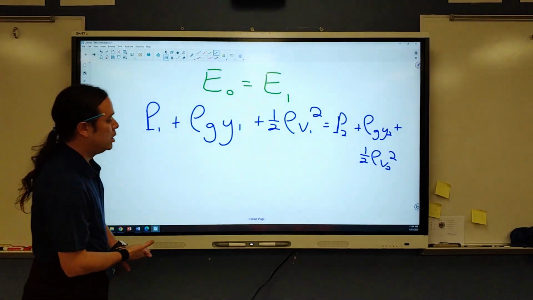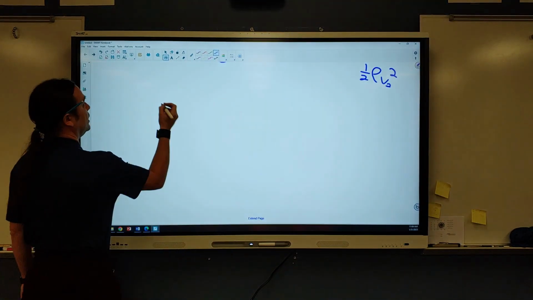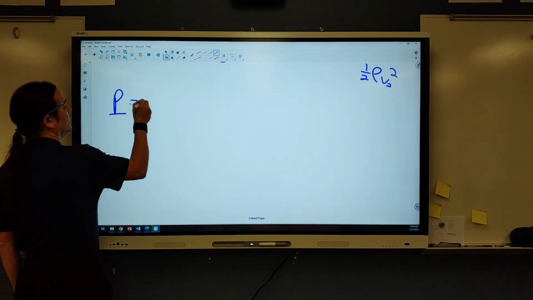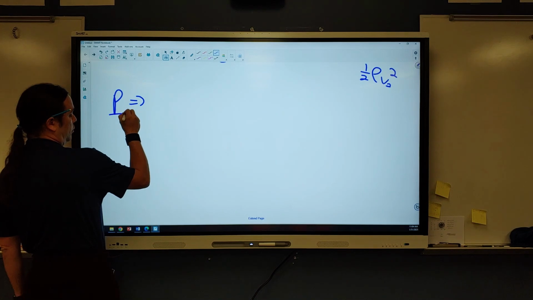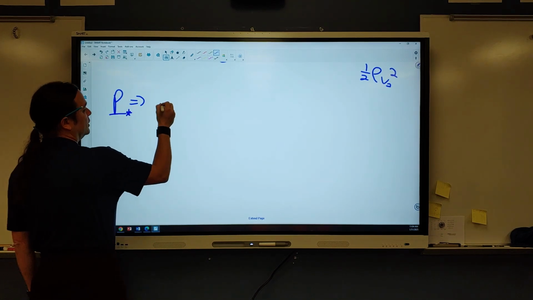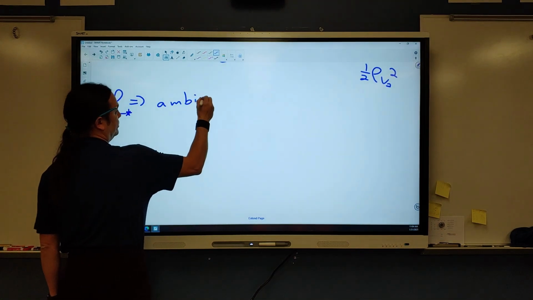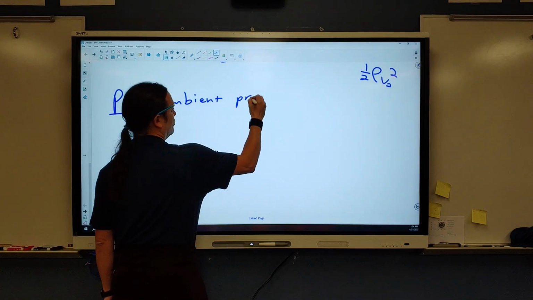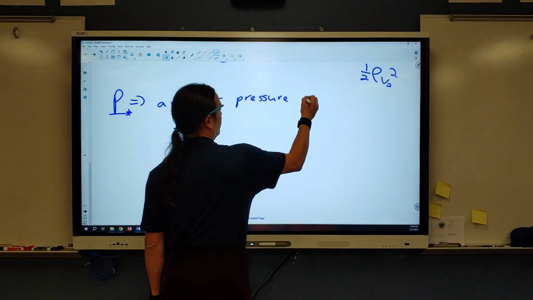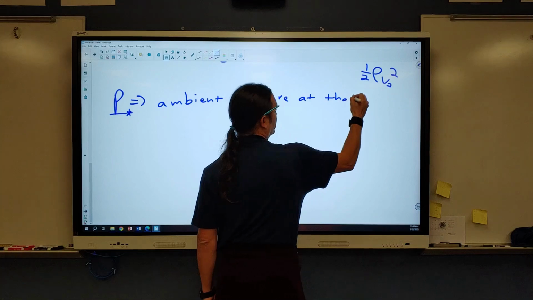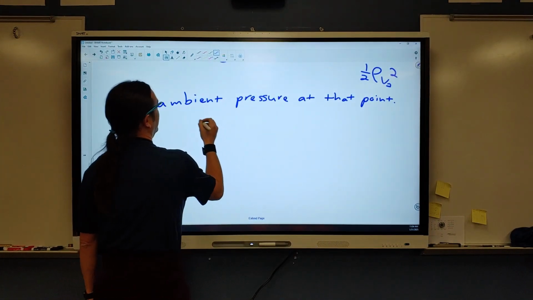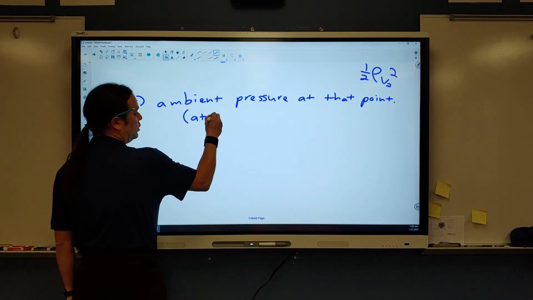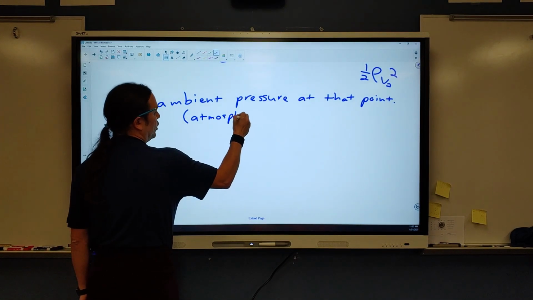So, running through, I'll go ahead and write in our key on this. We've got the first pressure, P1 or P2, I guess I'll do P star, is our ambient pressure at that point. This is, for want of a better term, in fact, I'm even going to put it in here, usually, though not always, atmospheric pressure.